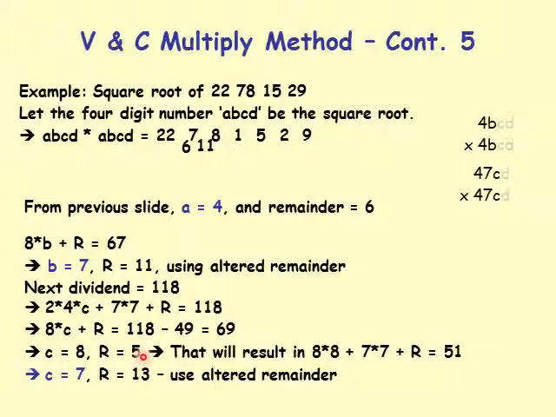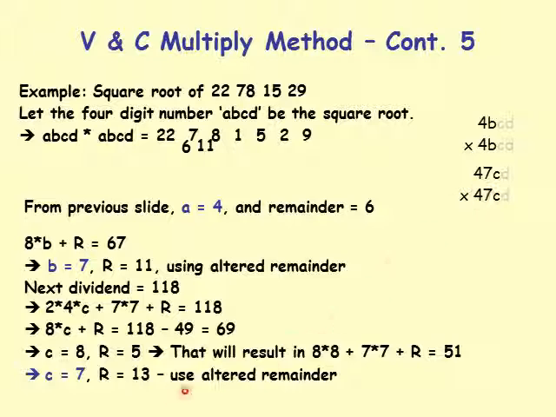Let's look to the right and see where we are going to get. If I use 8 for C, so C becomes 8, and in the next step we would be multiplying these numbers together.